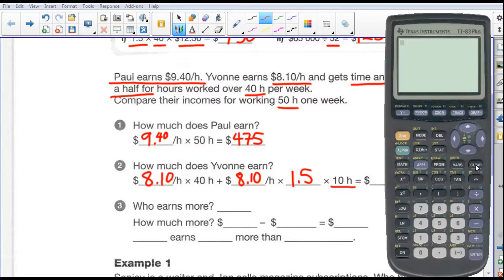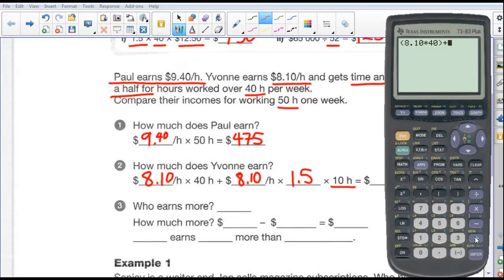Okay, so we have $8.10. Well, here, let's do it this way. We can do all this in one mathematical step. We just need brackets. So let's do the first bracket. We have $8.10. Multiply that by 40 hours per week. Let's put a bracket around that. Let's hit add.